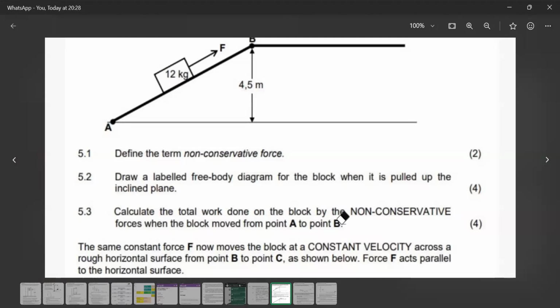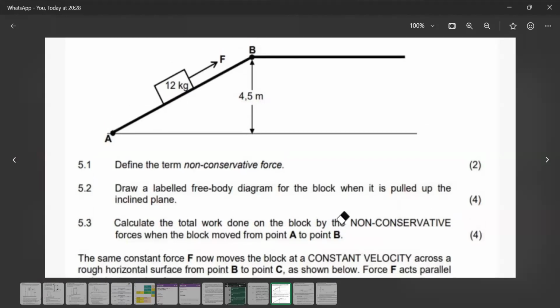So it means here we need to talk about two forces, which is the applied force as well as the kinetic frictional force. But what is the problem if we want to talk about those two forces? Firstly, we don't know the magnitudes of those two forces.